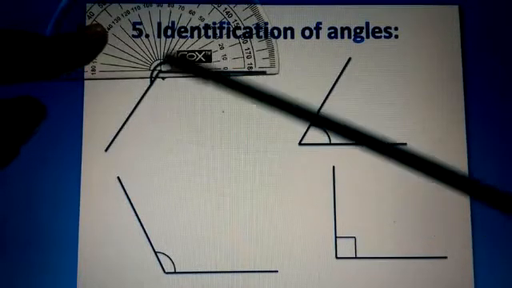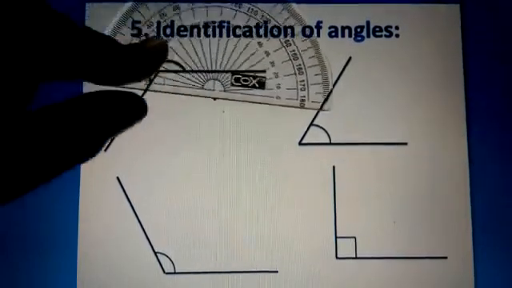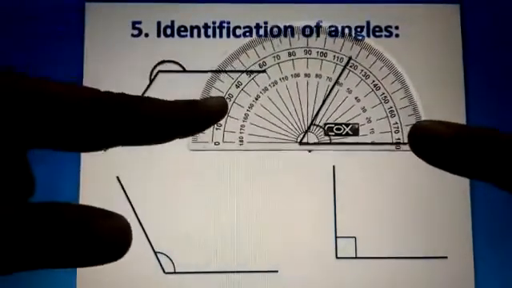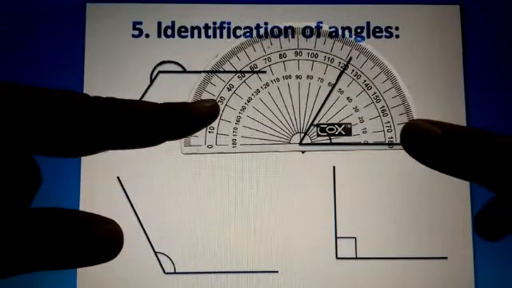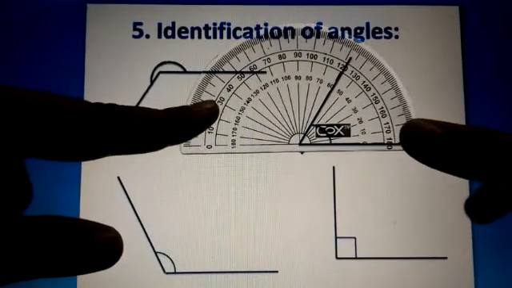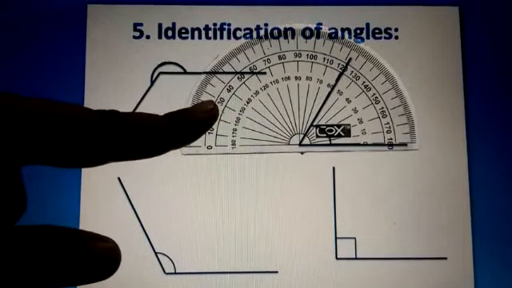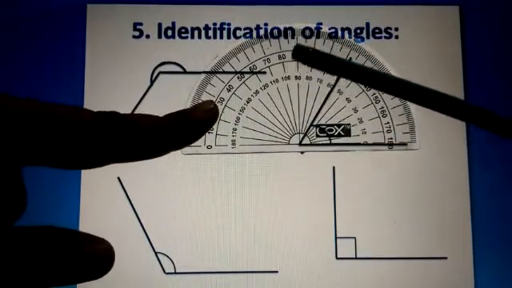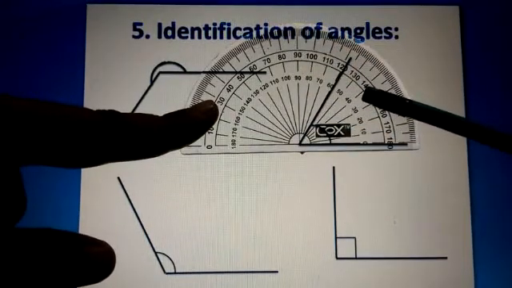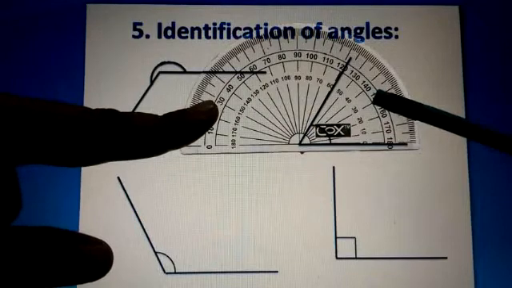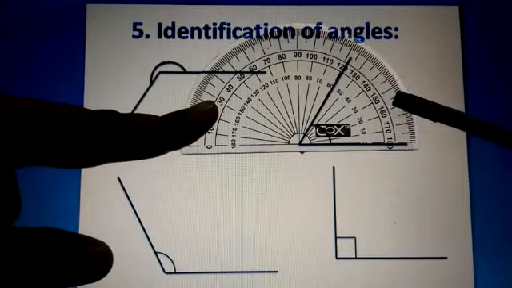Done class? Now let's move to the next angle. If we place the angle at the center, you will see this angle is less than 90 degrees, so this angle is called an acute angle by the definition.